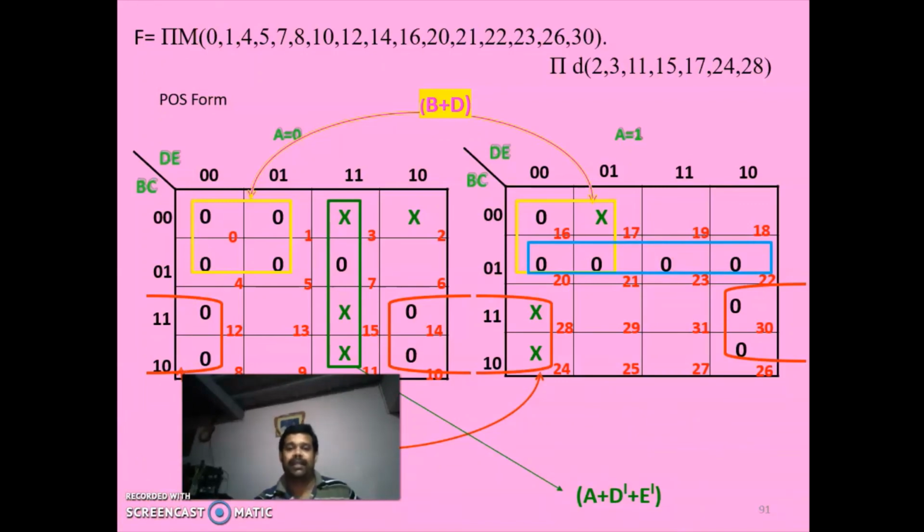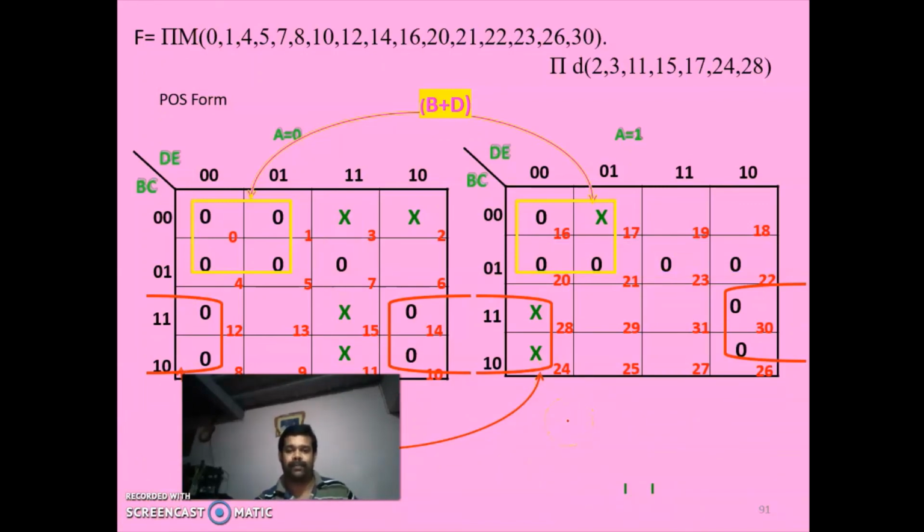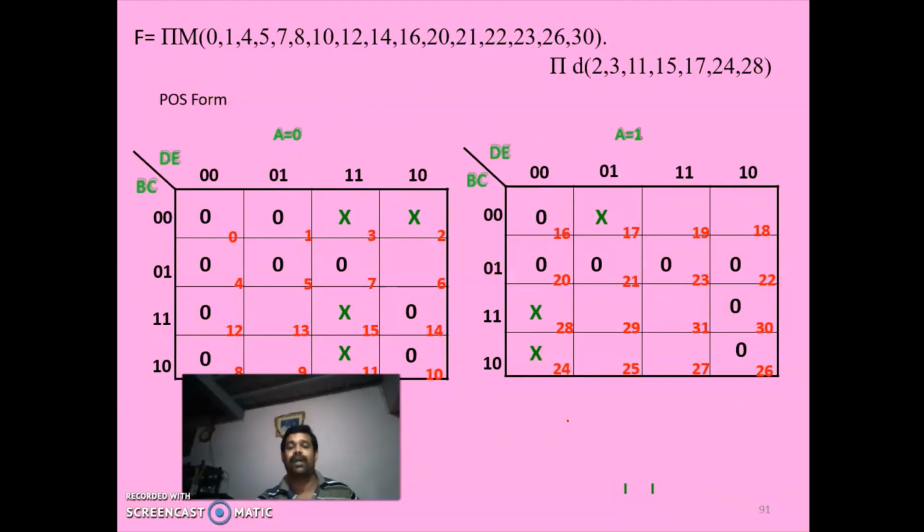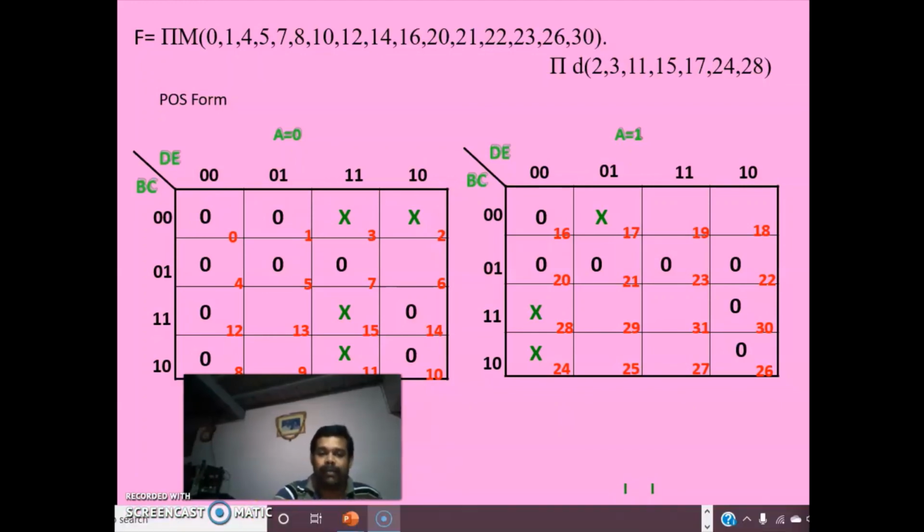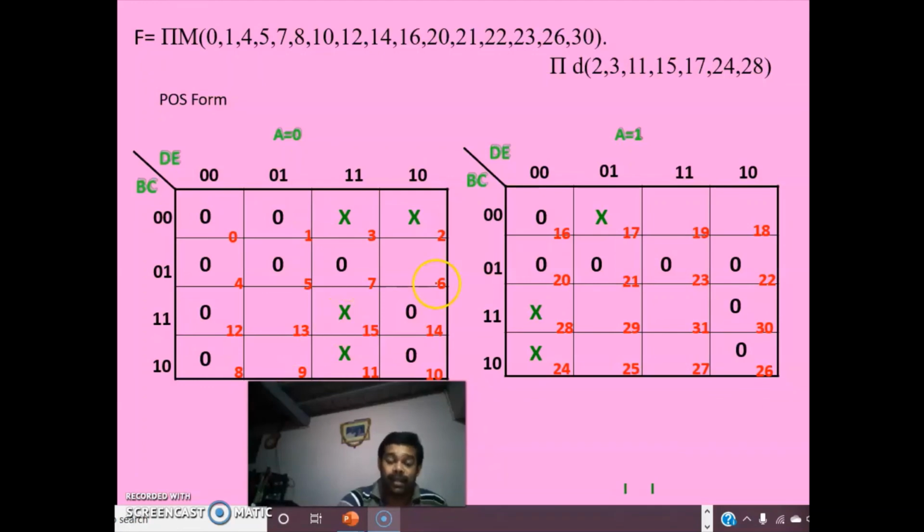Once again I will tell. First you are plotting the don't cares, then you are plotting the zeros, then you are going for grouping. So in a 5 variable map, you have to go for identical zeros in both the maps.